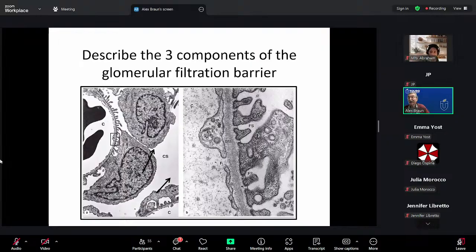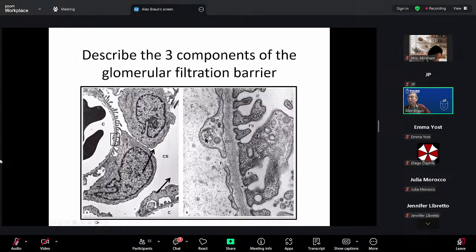If we look at even higher magnification, here's the capillary lumen, where there would be blood. Here's the urinary space where there would be a urinary filtrate. By the way, which parallels what we see here in the left-hand figure. I didn't mention this. Here's blood in the lumen of the capillary. That's this space. This space here is the urinary space containing the urinary filtrate.